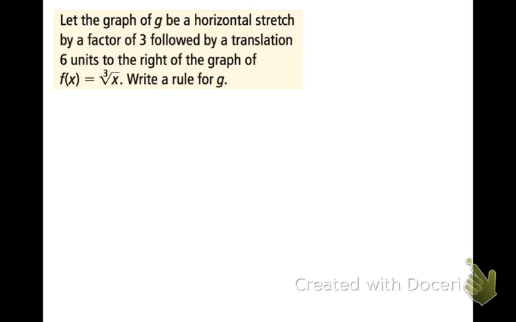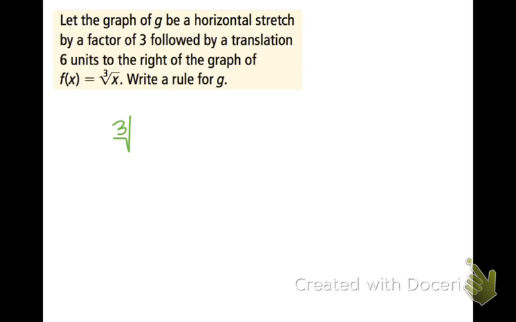Let the graph of g be a horizontal stretch by a factor of 3, followed by a translation 6 units to the right of the graph of f of x is equal to the cube root of x. I recommend that you put this on pause and try to do this yourself and see if you can come up with the right answer, and then you can come back here and check it out. So a horizontal stretch is going to again happen underneath the radical.